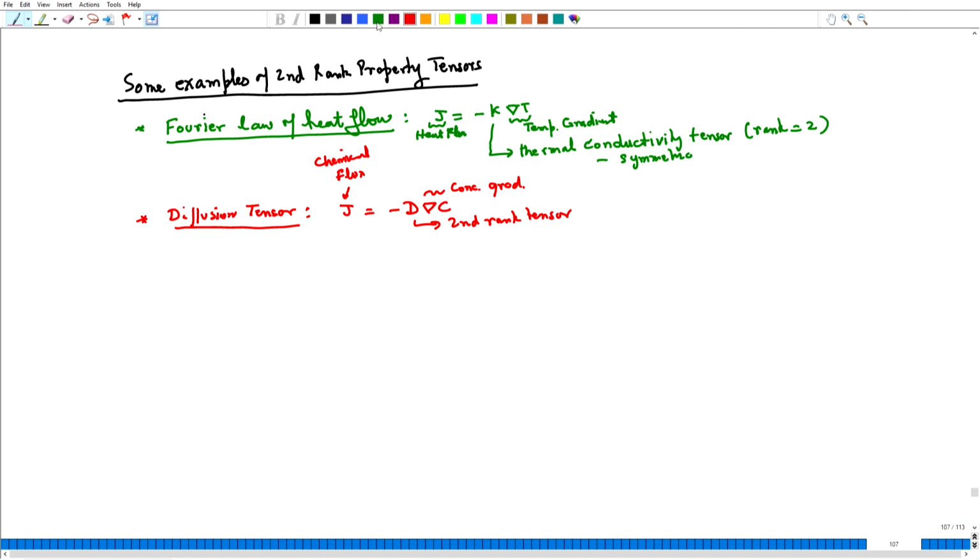The third example, magnetic susceptibility.